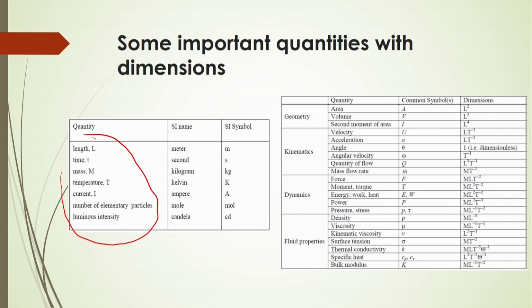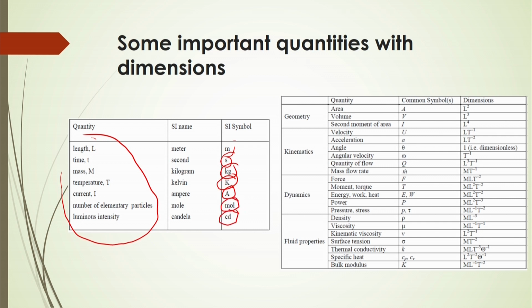The unit for length is meter, for time second, for mass kilogram, temperature Kelvin, current ampere, number of elementary particles the mole, and luminous intensity the candela. And what are the SI symbols? Meter is m, second s, kilogram kg, Kelvin K, ampere A, mole mol, and candela cd.